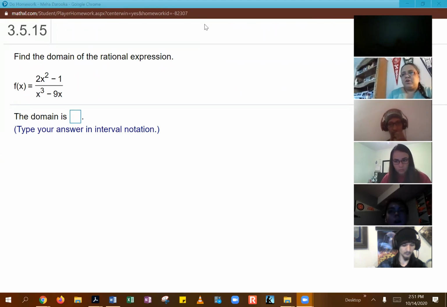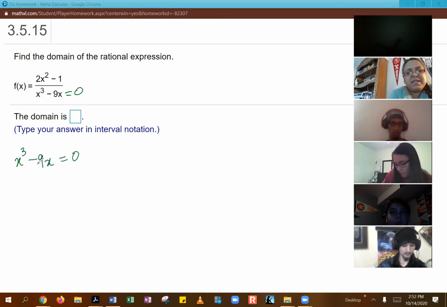Okay, so you're basically using factoring to simplify your denominator over here. So same process, take your denominator polynomial, set it equal to 0, and try and find what answers you can for x. So between x cubed and 9x, x will be a common factor. You can bring that guy outside. So that will leave us with x squared from the first term and minus 9 from the second term, right?